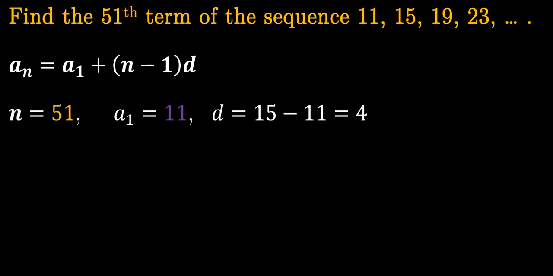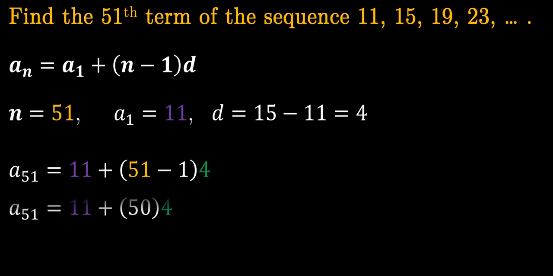Let us substitute this into the general term. a sub 51, or the 51st term, equals 11 plus 51 minus 1 times 4. That's 51 minus 1, we have 50 times 4, we have 200. 200 plus 11, we have 211. Therefore, if we continue the sequence, the 51st term will be 211.